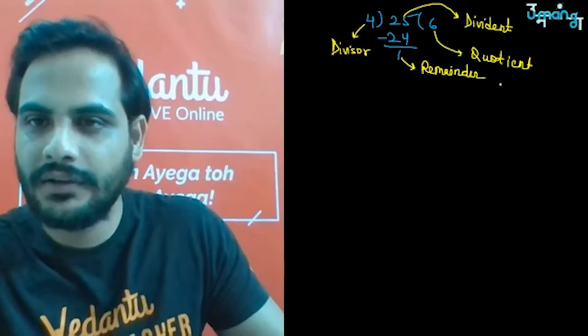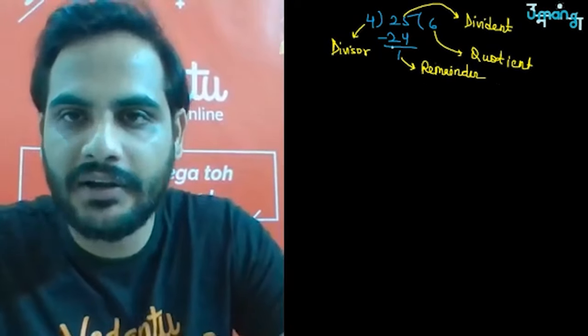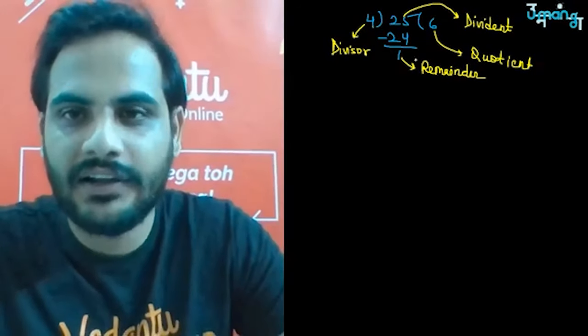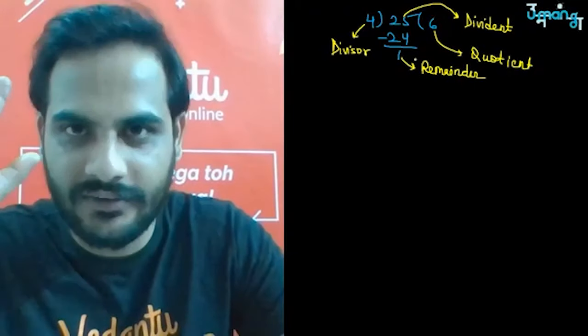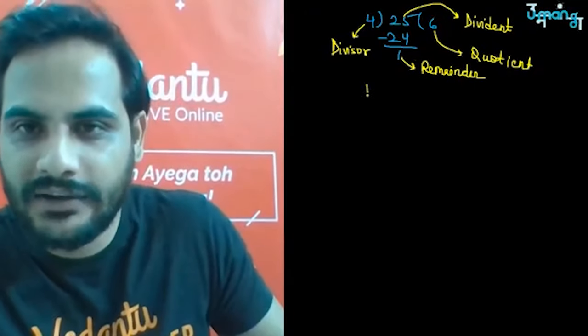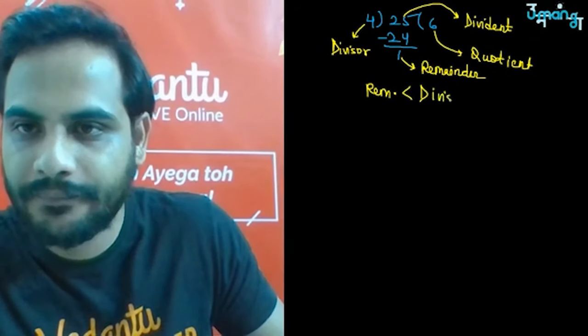You also know that the remainder always has to be less than the divisor. The remainder cannot be 5. You cannot get a remainder more than the divisor, correct? So the remainder should be less than the divisor.